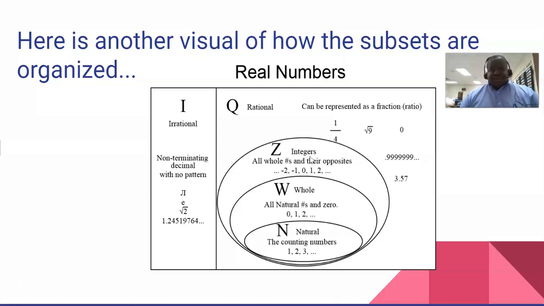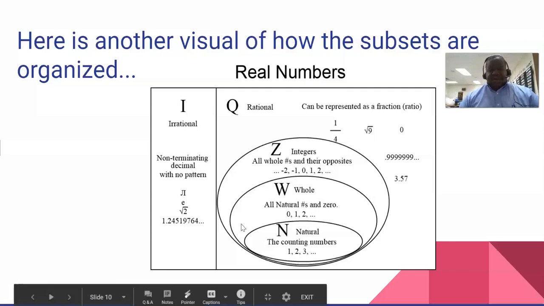Larger than the integers are your rational numbers, which means it can be written as a fraction, or a ratio. And then irrational, it cannot be written as a fraction. It's a non-terminating decimal with no pattern. And then we have examples listed here.